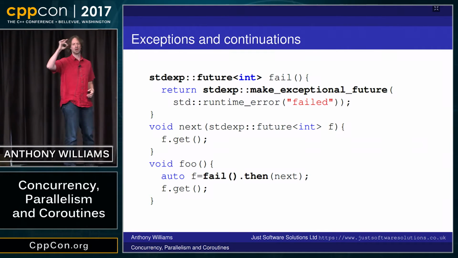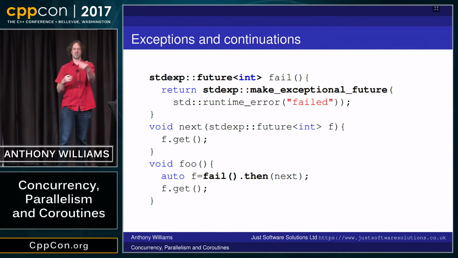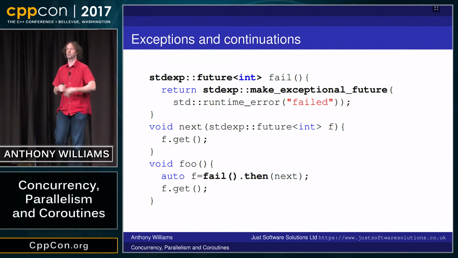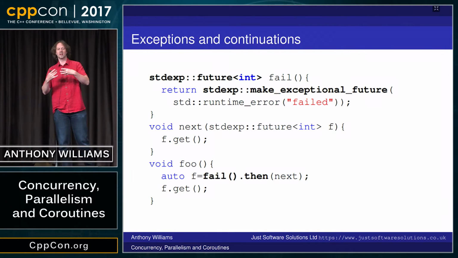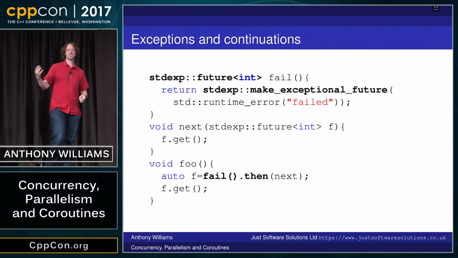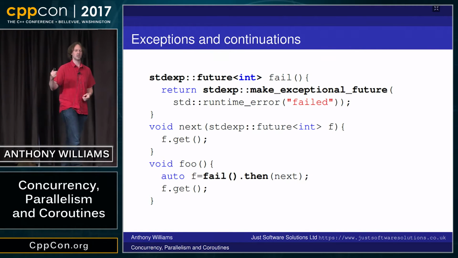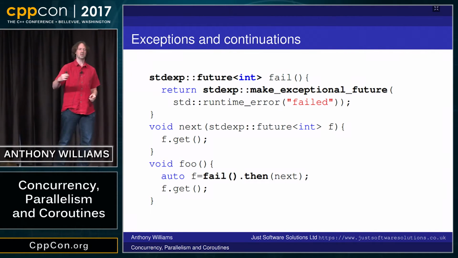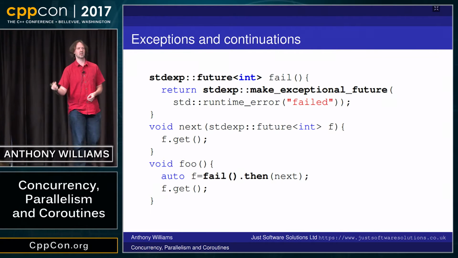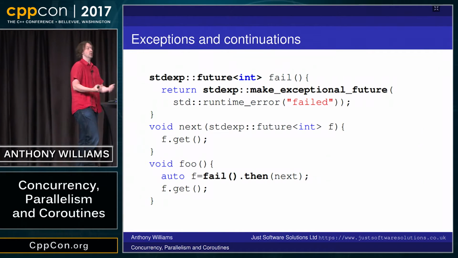So the call to get inside next will throw, which means that the future that is returned from our continuation, that f in foo, will hold an exception. So when on the next line in foo we call f.get, that will itself throw.